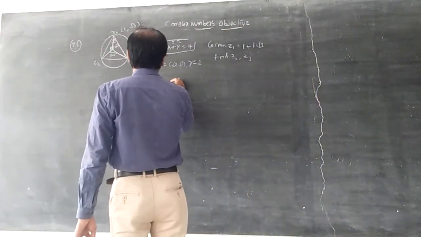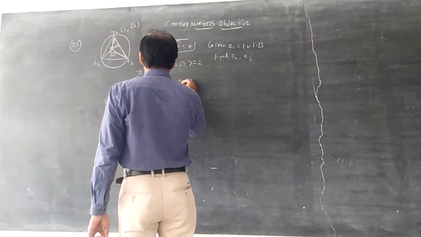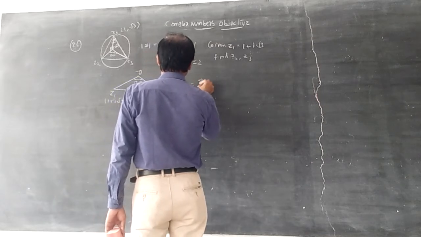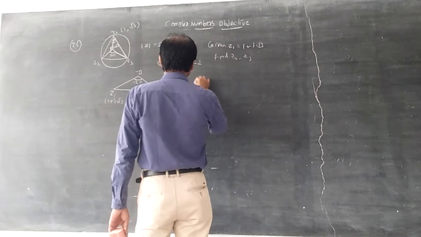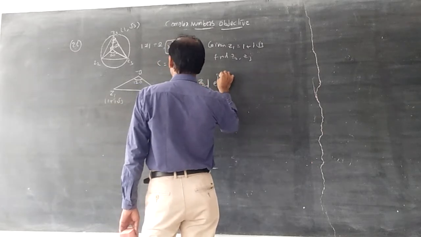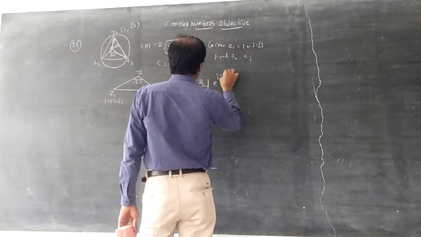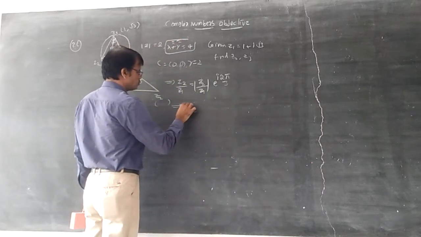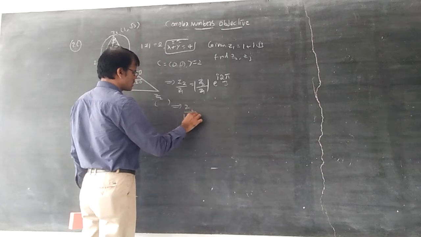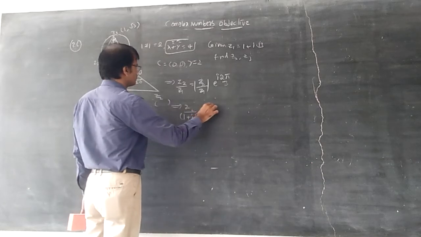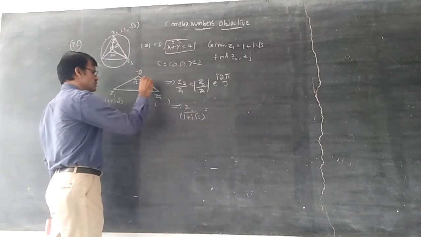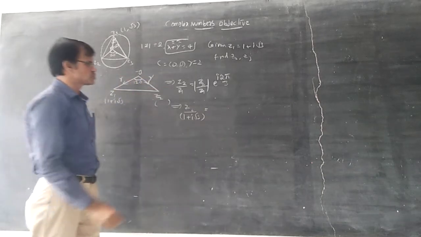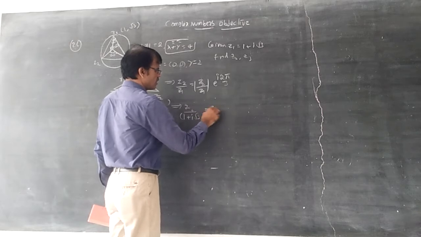Now you can write Z2 by Z1 is equal to modulus of Z2 by modulus of Z1 into e power i alpha, meaning here e power i 2 pi by 3. That implies Z2 by 1 plus i root 3 is equal to, of course, here Z2 is nothing but R, radius. This is also radius. The radius is 2 everywhere.